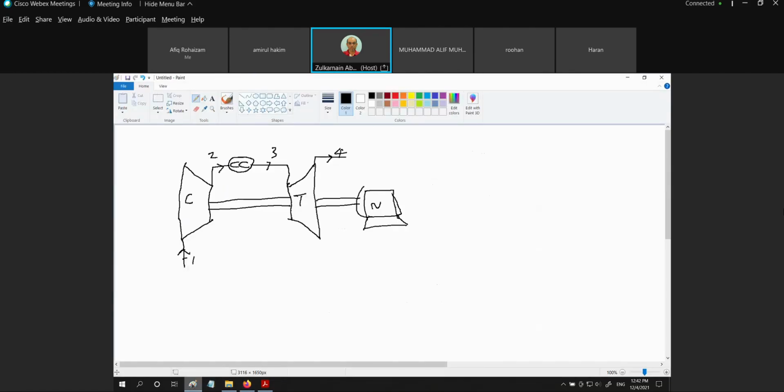Where do we put the mechanical efficiency? Between compressor and turbine, sir. How about the turbine and the electrical generator? It's also driving the electrical generator. Both, sir? You know, we have to take care of both. How to take care of both?